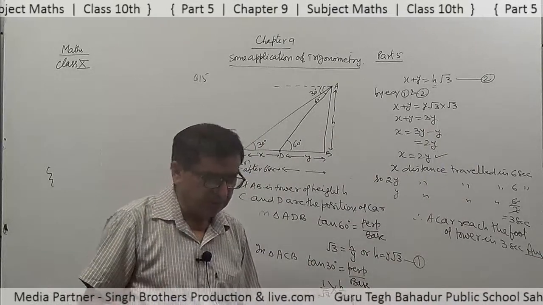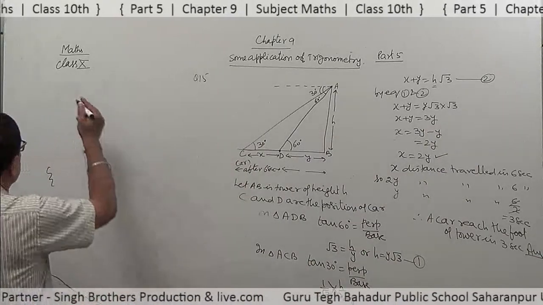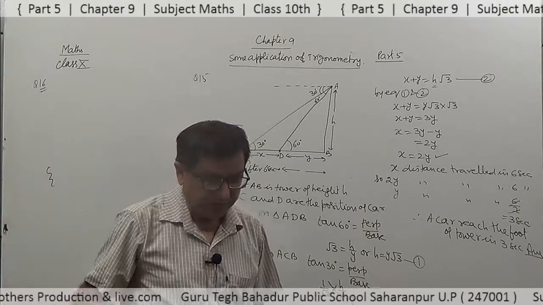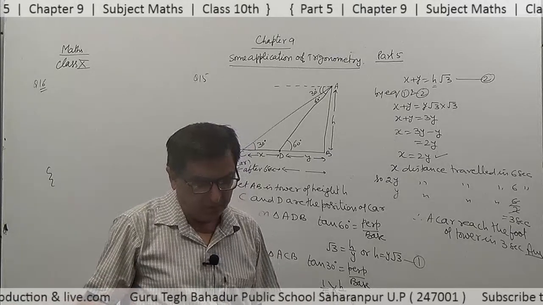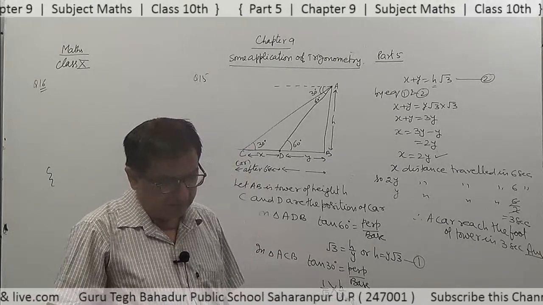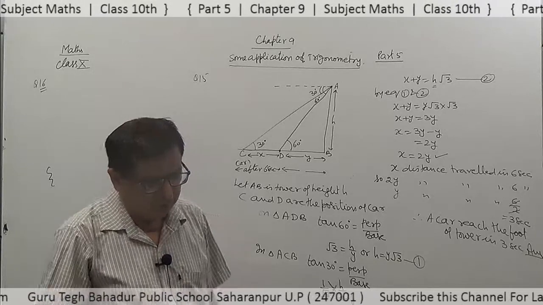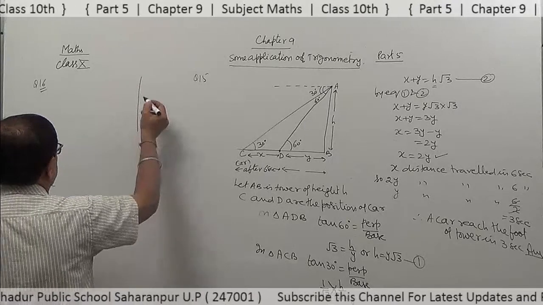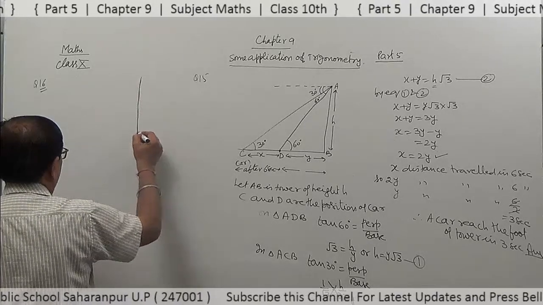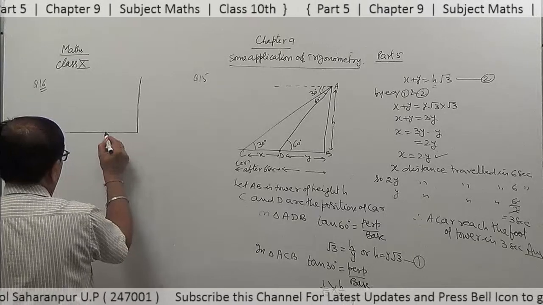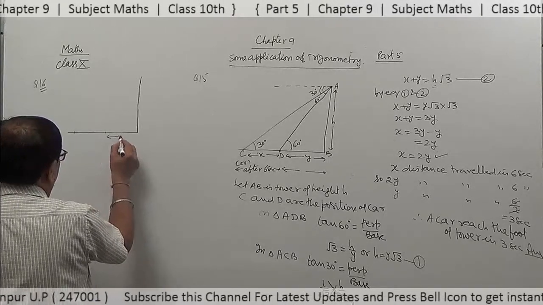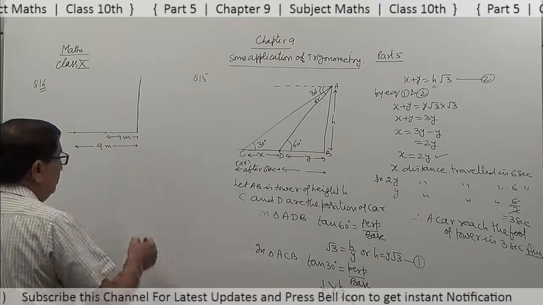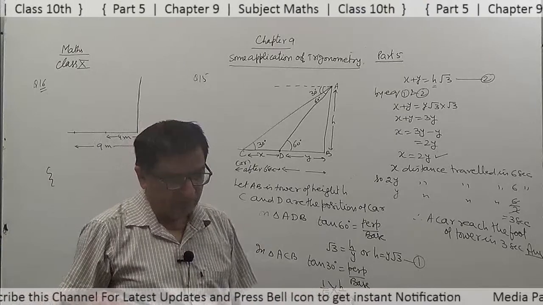Now see question number 16. The angles of elevation of the top of a tower from two points at distances of 4 meters and 9 meters from the base of the tower are complementary.